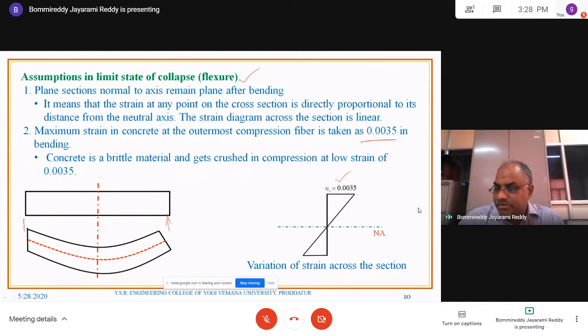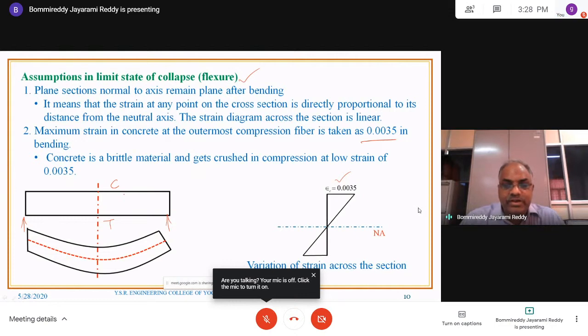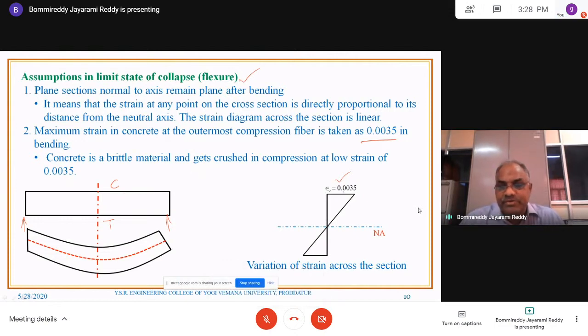If it is simply supported, the bottom face is under tension, the top face is under compression. So the maximum value of the compressive strain at the outermost compression fiber is taken as 0.0035. So this value is also important from the examination point of view.